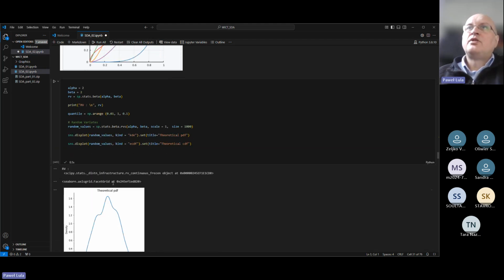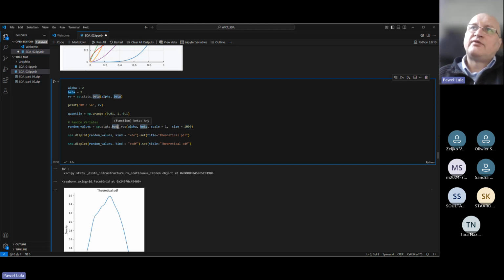Only this distribution is useful for describing probabilities. How to generate values using the beta distribution? Examples here. Parameters defined for this distribution are here, and I wanted to generate 1000 values using these parameters alpha and beta.